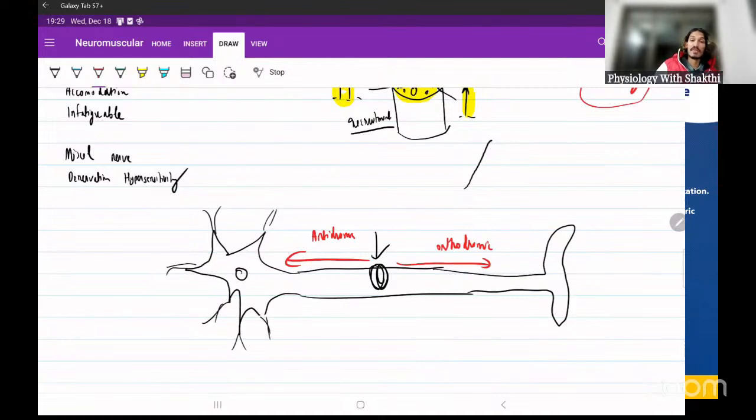Whatever goes orthodromic will keep going, and the neurotransmitters are there at one level, these vesicles contain neurotransmitter, and the postsynaptic terminal is here, and the signal can be taken forward in this direction. So there is a signal that gets transmitted, but on the antidromic side, it reaches over here, and then what?